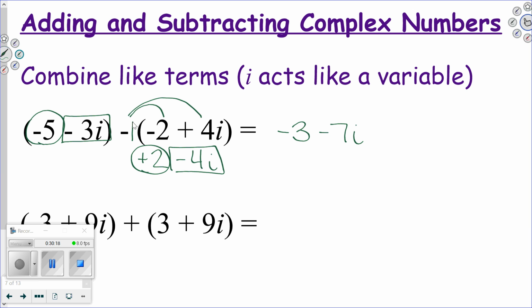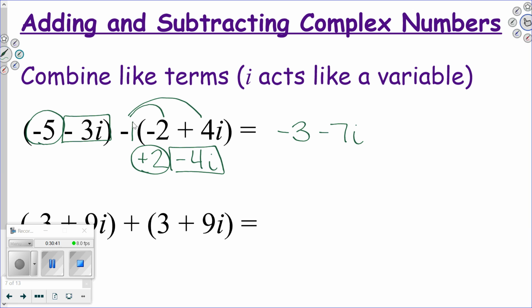You want to know what probably most commonly happens on these problems? Can you guess what people do wrong all the time? No one knows? They distribute. They completely forget that the plus sign is sitting there, and then they go negative 5, let's distribute, 3i, let's distribute. No, we can't do that. Okay, there's a plus sign.